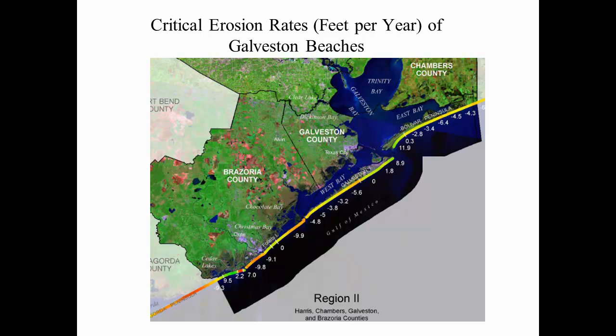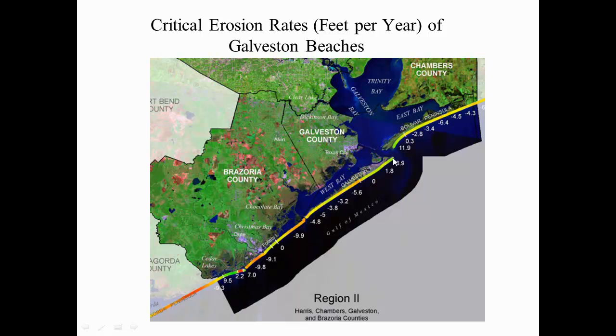Here we see some critical erosion rates in feet per year along Galveston beaches. Over here at the entrance to Bolivar Roads, the entrance, as we saw before, between that pair of jetties into Galveston Bay, the greens indicate net deposition.